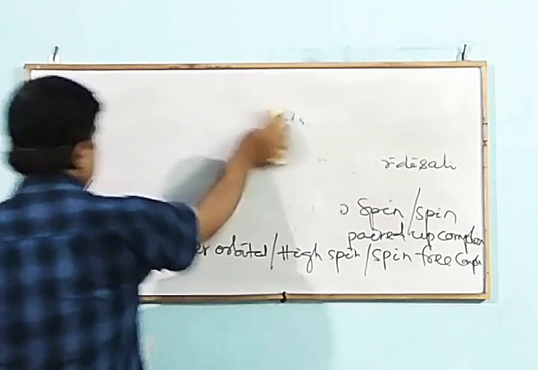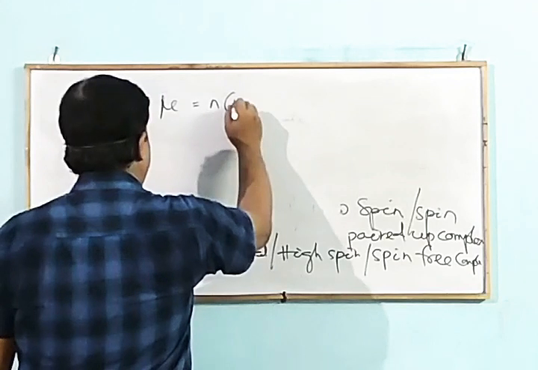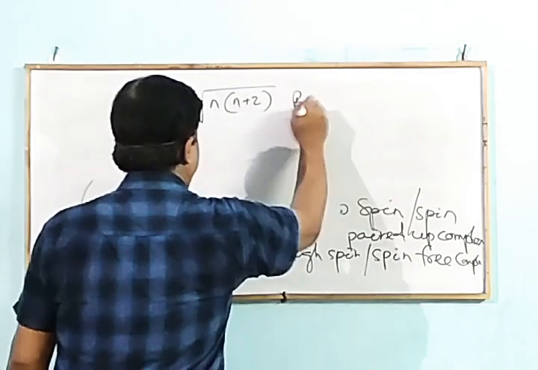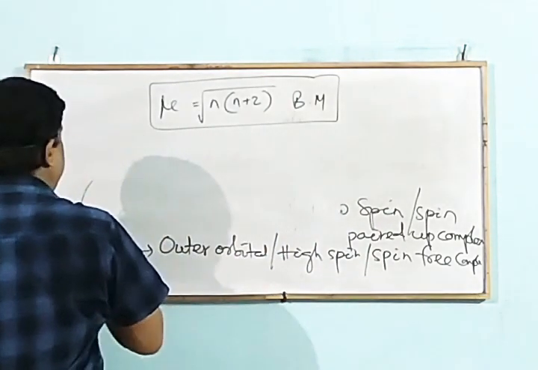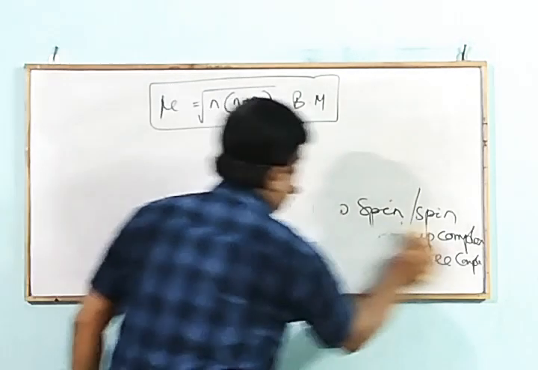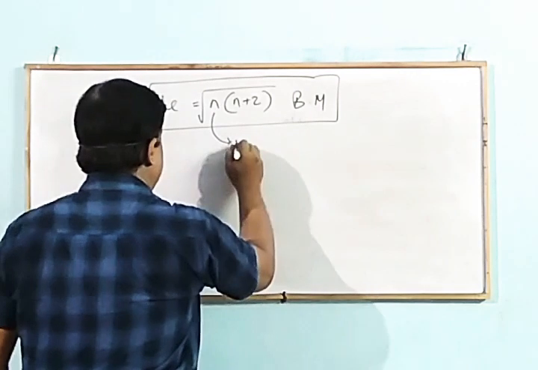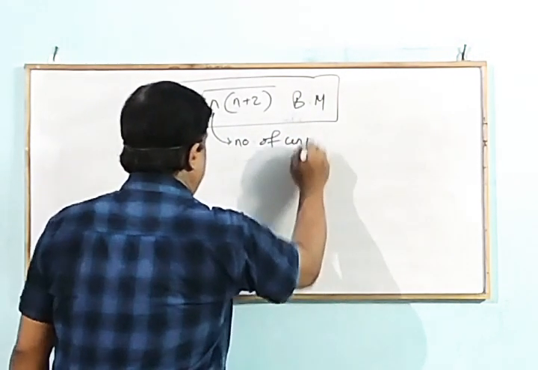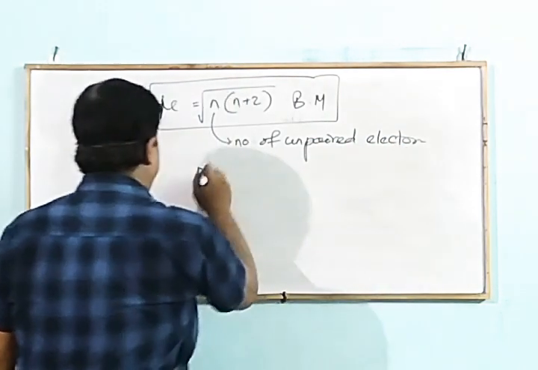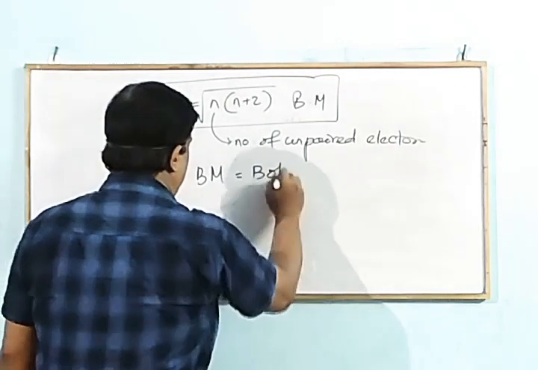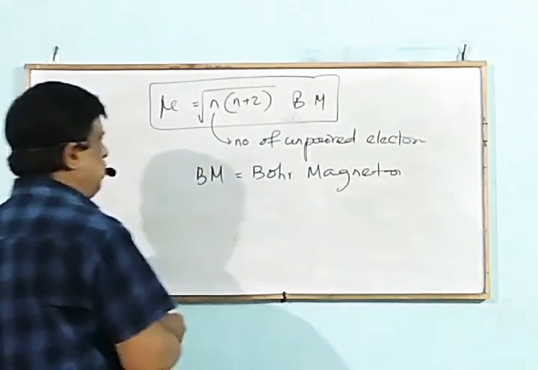That formula is mu is equal to the square root of n(n+2) BM, where mu is a parameter to calculate the paramagnetic character, n is the number of unpaired electrons, and BM is Bohr magneton, that is the unit of magnetic moment.